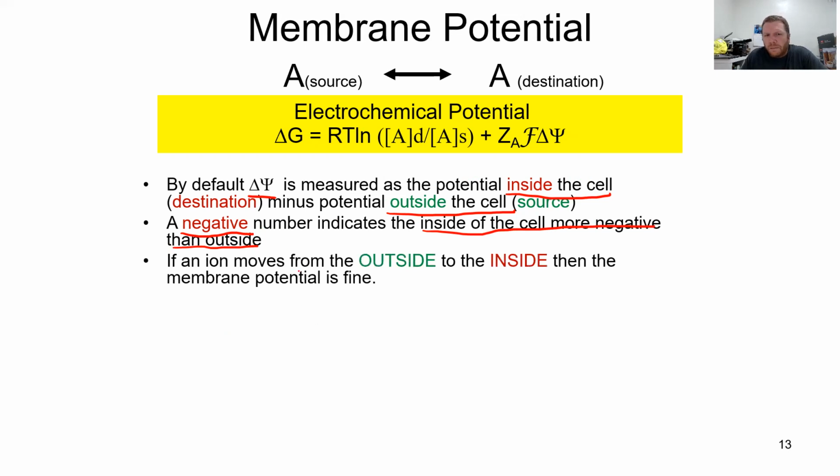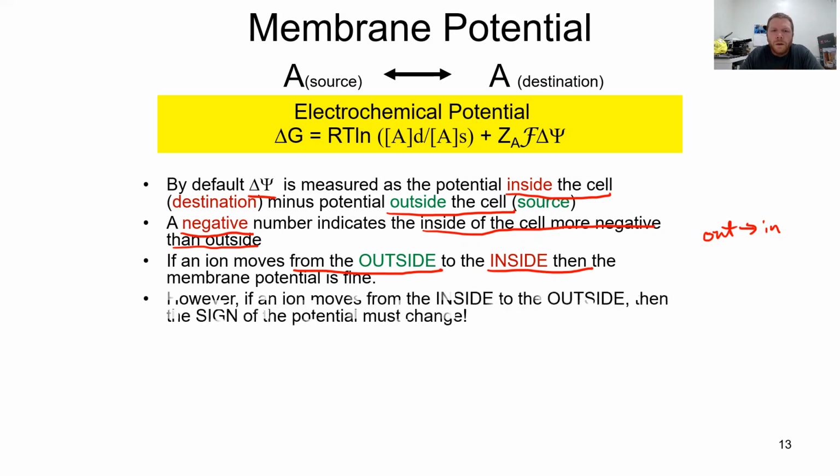But if an ion moves from the outside to the inside, then the potential is just fine. Whatever value that you're given, you do not change it. So if the problem describes movement of something from the outside to the inside, you're not going to change that symbol or the value.